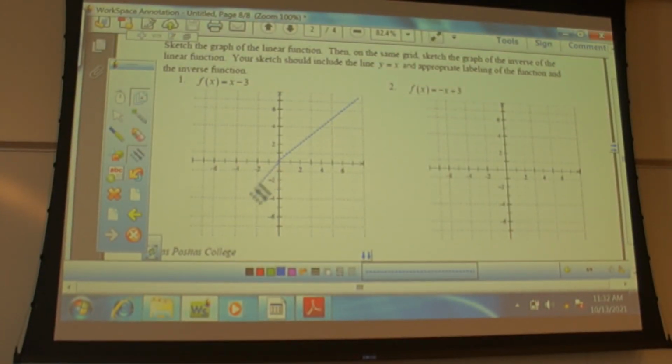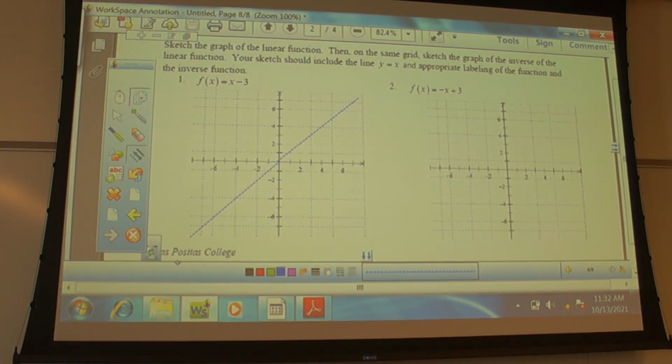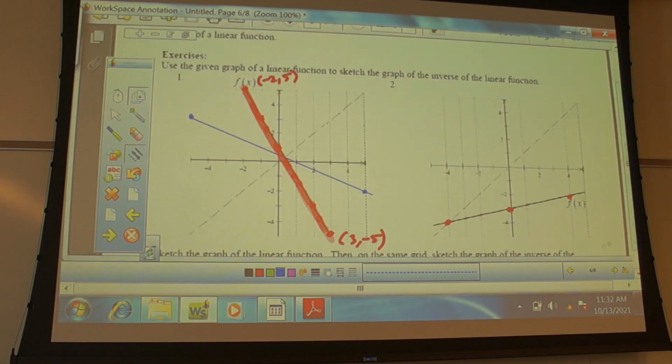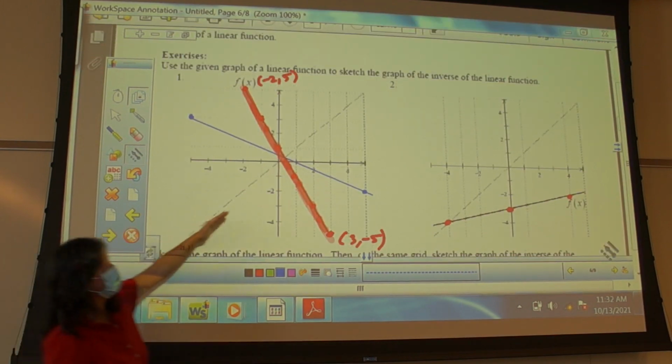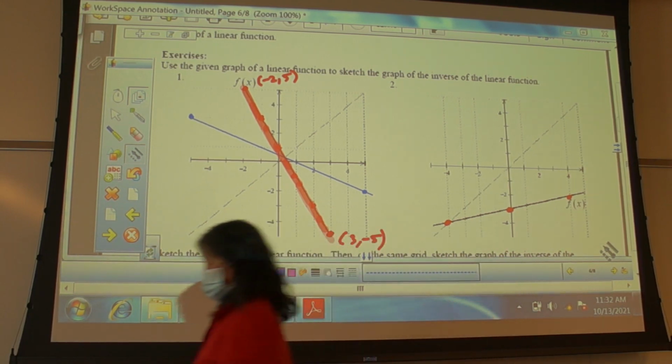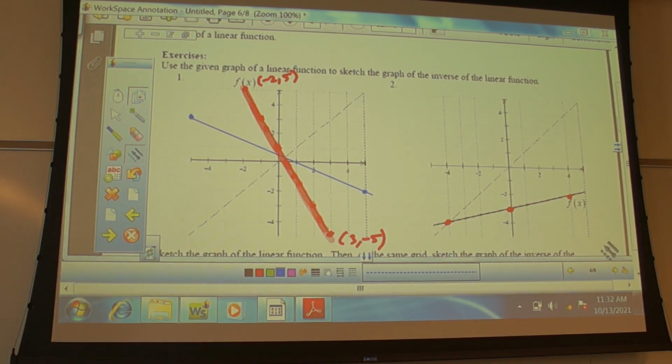Sketch in your x equals y line, and then you can do the reflection. So the first one, we've sketched them in for you, right? This dotted line, you've got to sketch it in yourself on the bottom too. All right, so let's take 5 minutes to work on those ones, and then we'll come back. So at home, go ahead and pause the video now, and then start back when you're finished.